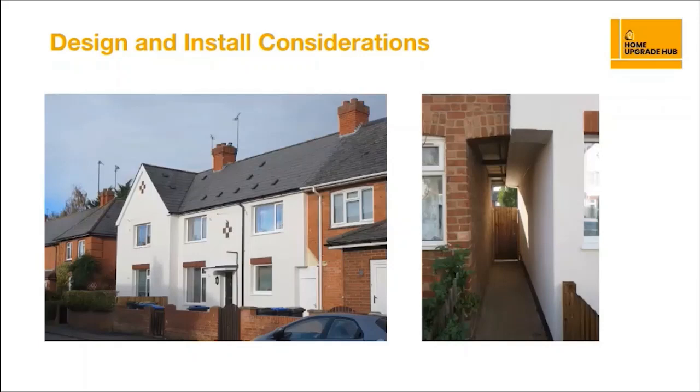So some examples of the kind of integrated thinking and doing that an approach based on quality requires. So on the left there, we've got some of the original brick features, which were picked up with decorative brick slips. The lofts were topped up to quite a high level. So you can see that that needed then consideration of ventilating the roof space.